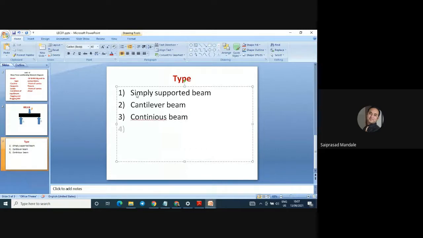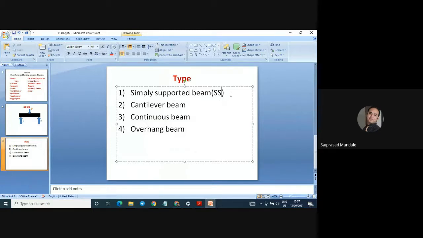Number 4 is the overhang beam. These are the 4 different types of beam that we'll be looking at. Simply supported beam, which in some question papers is denoted as SS beam, continuous beam, cantilever beam, and overhang beam. These are the 4 important types of beam.